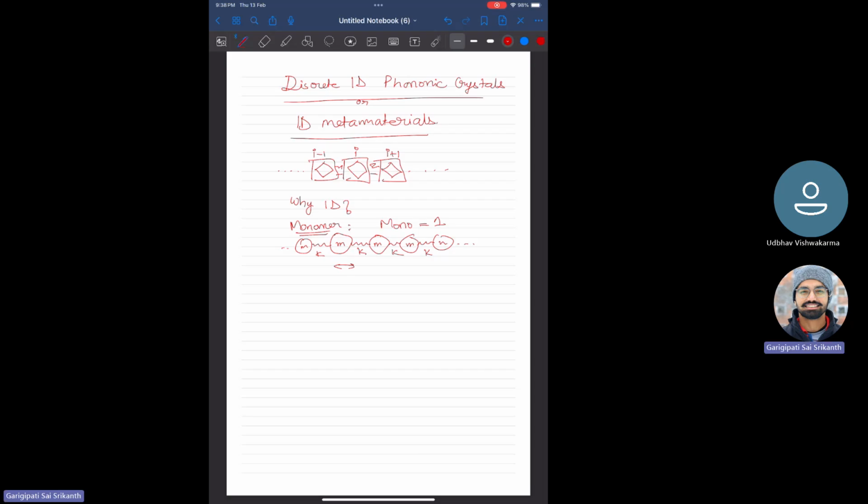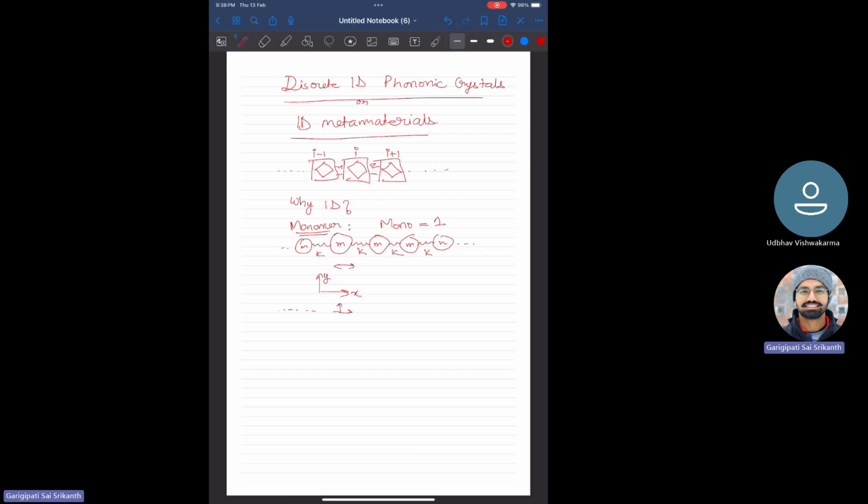If this is your x-axis and if this is your y-axis, it's also possible that you have a one-dimensional chain that is periodic in x, but the particles maybe move in both x and y.